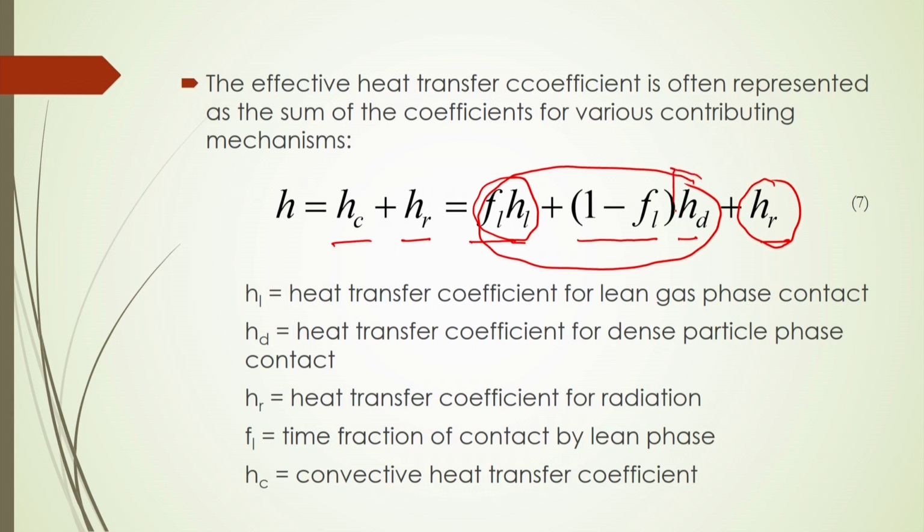The heat transfer coefficient for that dense phase will be represented by h_d. So, (1 minus f_L) into h_d will be your effective heat transfer coefficient in the dense phase. So, the total heat transfer coefficient will be the summation of the convective heat transfer coefficient and the radiative heat transfer coefficient.